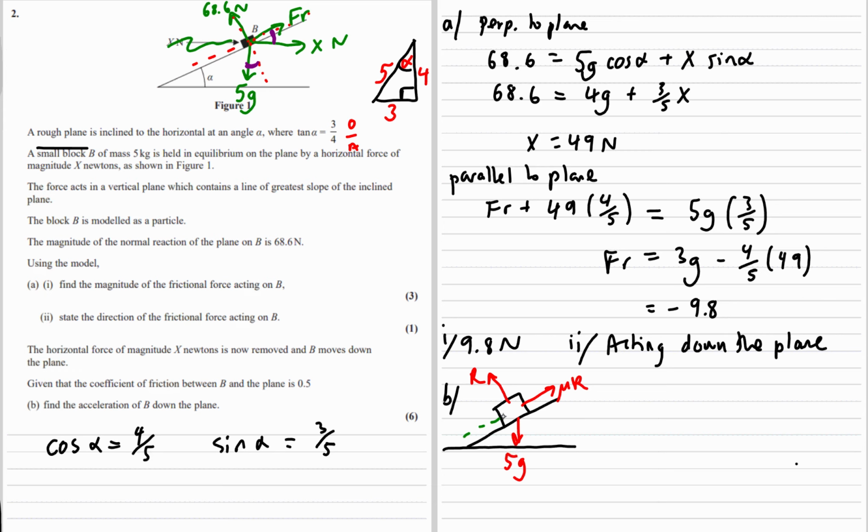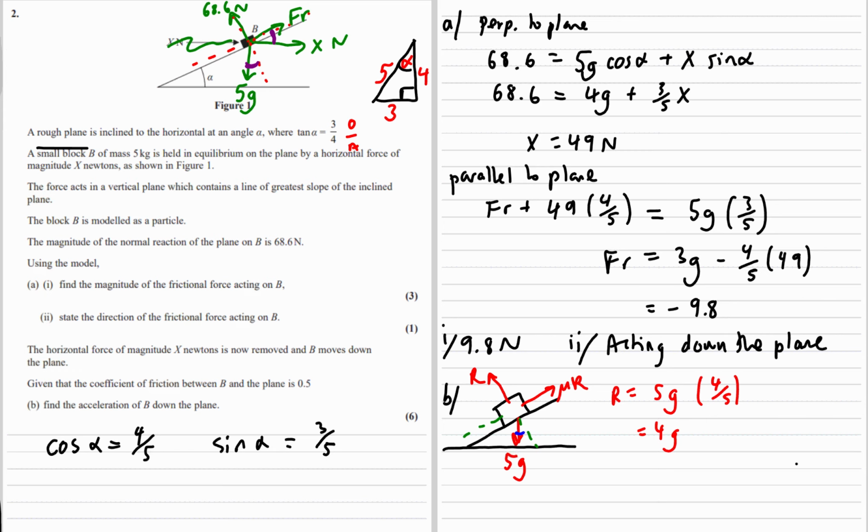And then the angle alpha will be in here. So now we can say that r is going to be 5g cos alpha, which is 4/5 of 5g, which is 4g.